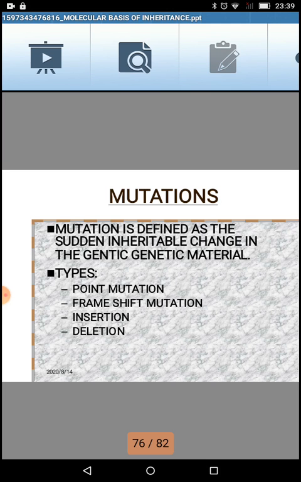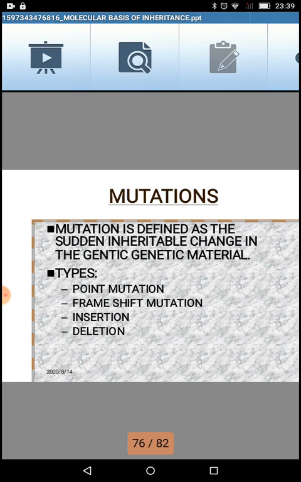So what is mutation? Mutation is a sudden change in the genetic material, that is DNA. Now this mistake can be of many types. Out of those, we are studying 4 types just now. As you can see in the slide, one is point mutation, second is frame shift mutation, third is insertion, and fourth is deletion.